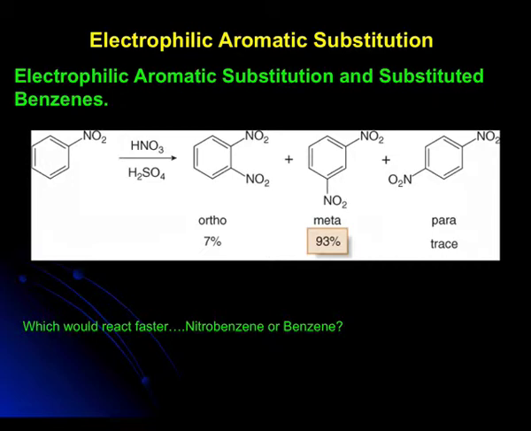Okay? If Paige came in and took nitrobenzene and wanted to put another nitro group on it, she would find, number one, that the reaction would occur quite slow because nitrobenzene is deactivated. The nitro group is an electron withdrawing group. Can anybody tell me why the nitro group is an electron withdrawing group?